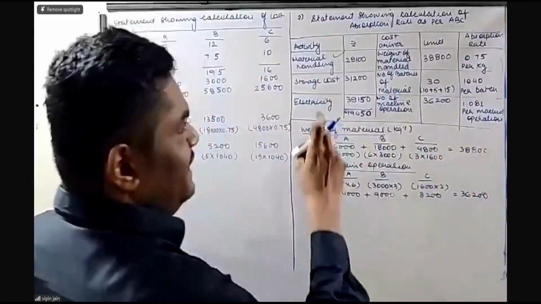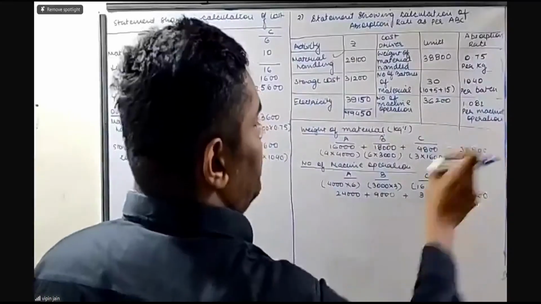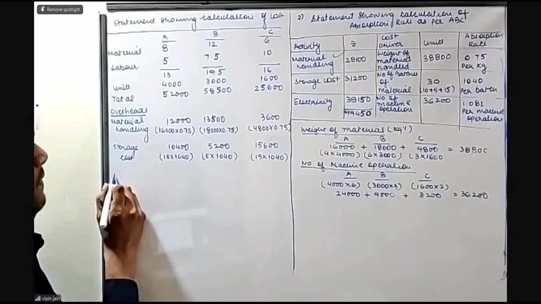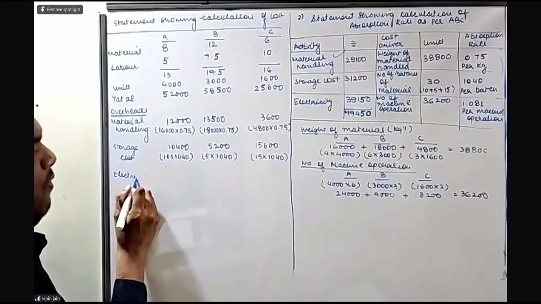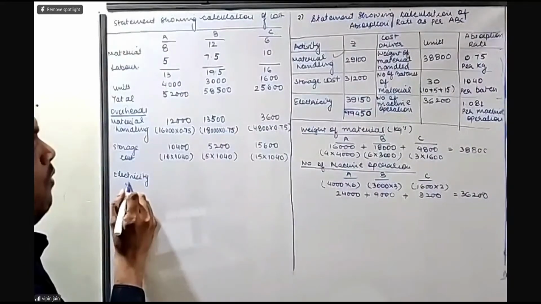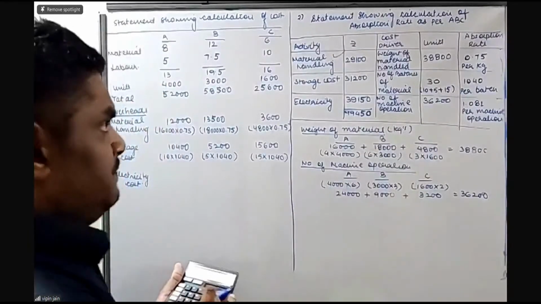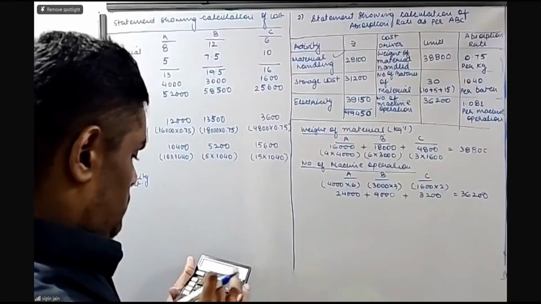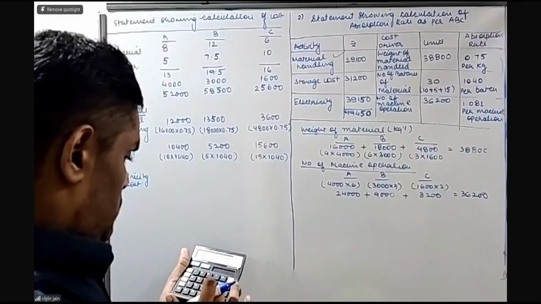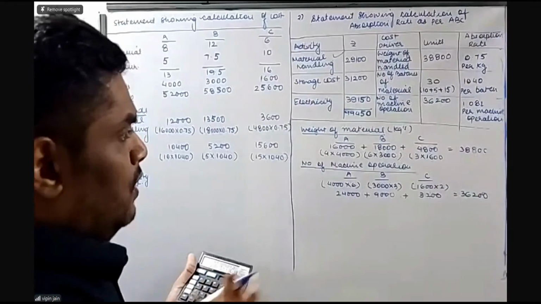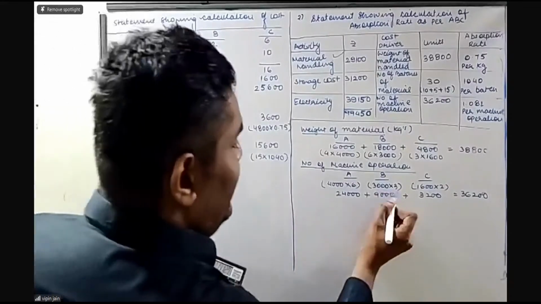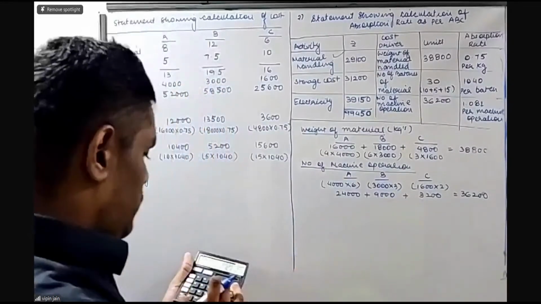Now, electricity cost $1.081 per machine operation. So the number of machine operations are 24,000, 9,000, and 3,200.